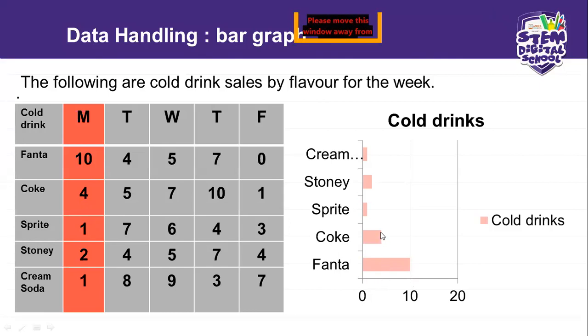We go up our graph. Where 4 meets Coke, we make a bar there. We go back to the table. Sprite, 1 was sold. We go to the graph. There is Sprite.